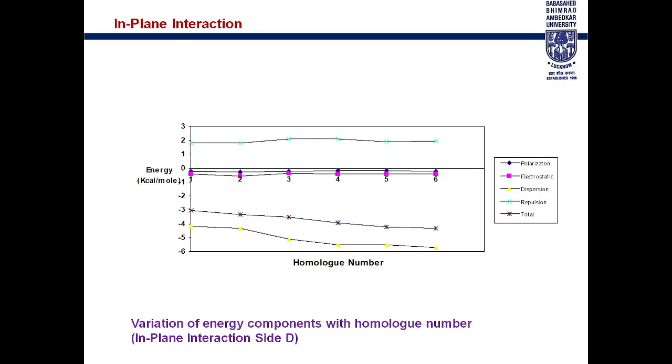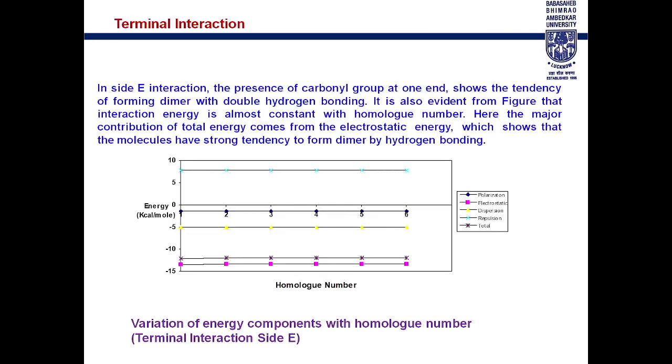In the interaction inside B, again we see that electrostatic interaction has some alteration, but the dispersive energy also has a compensatory effect, as the total energy does not show any odd-even effect or alteration in the energy.